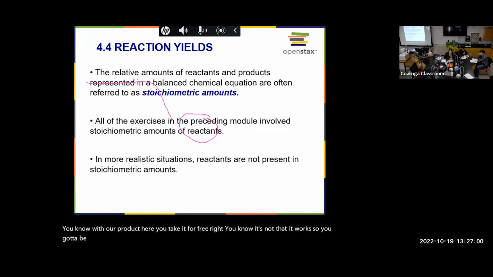So we were calculating percent yield. We need to calculate what we actually get.